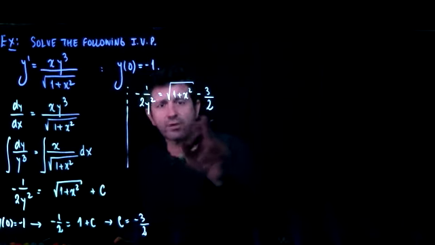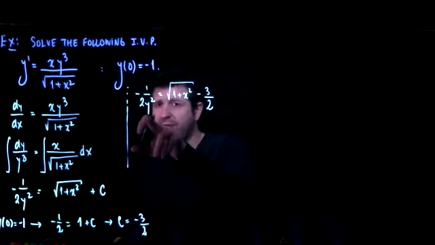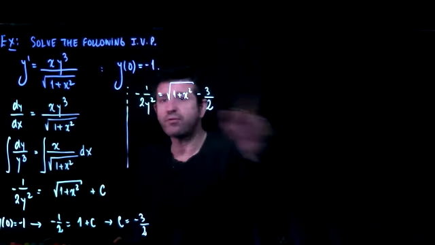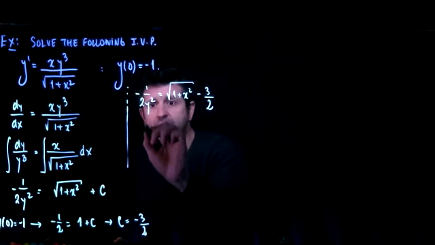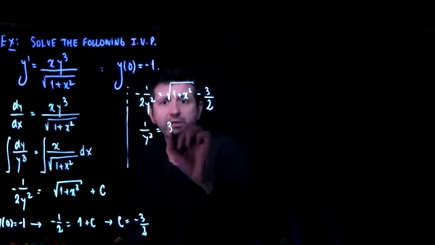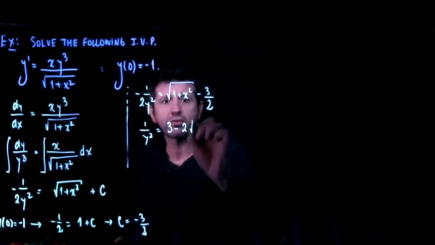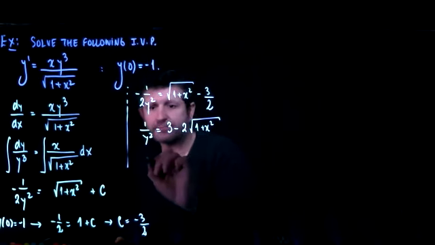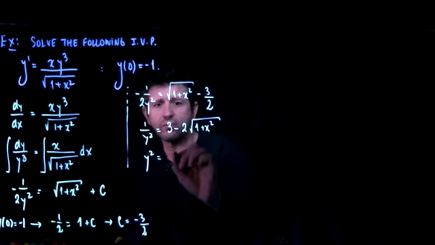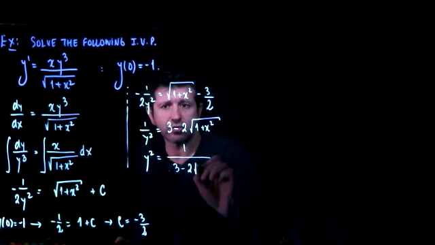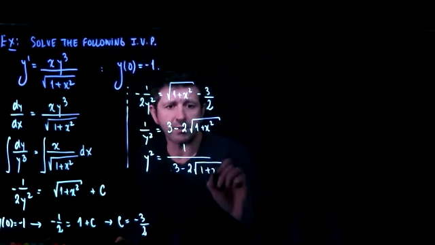Okay, so that's my answer. But I'm not done, I'm going to isolate y. To do so, I will multiply everything by -2. So I get 1 over y^2. If I multiply by -2, I get 3 minus 2 square root of 1 plus x^2. Then I'm going to flip everything. So y^2 is 1 over 3 minus 2 square root of 1 plus x^2.